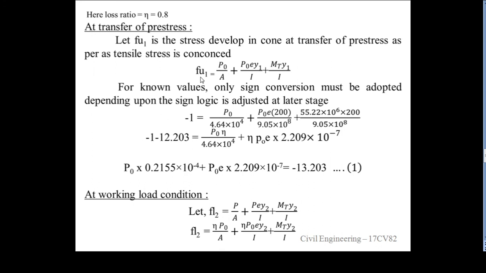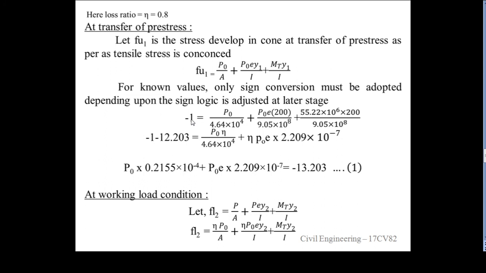Therefore Fu1 is equal to P naught by A plus P naught E Y1 divided by I plus MT Y1 divided by I, that is for top fiber stress. For known values, sign convention must be adopted depending upon the sign logic. Fu1 is equal to -1.